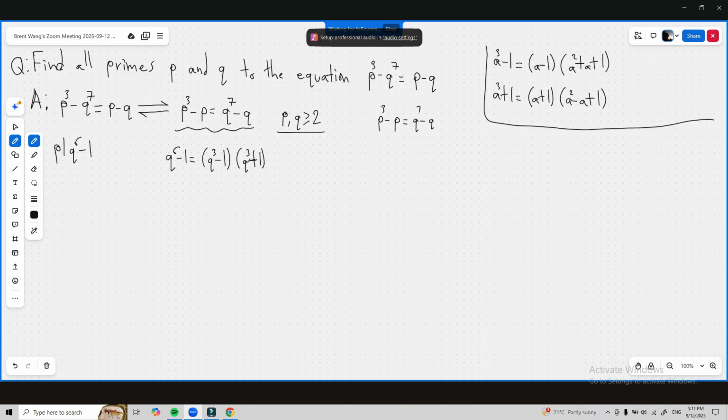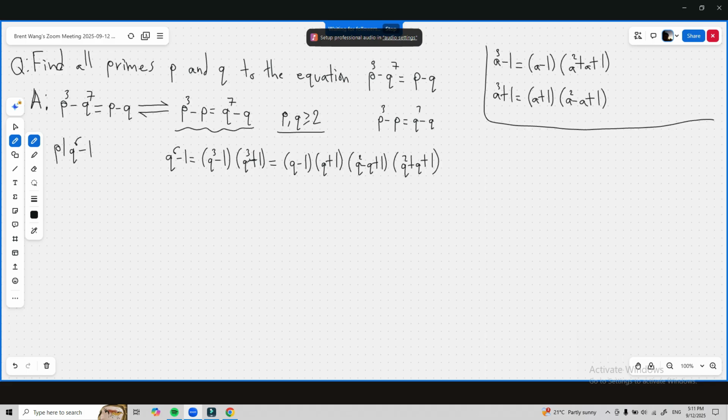So this is equal to Q minus 1, Q plus 1, Q squared minus Q plus 1, and Q squared plus Q plus 1.